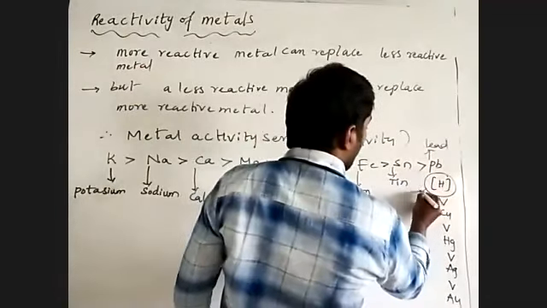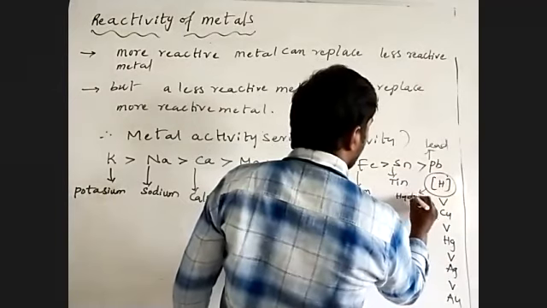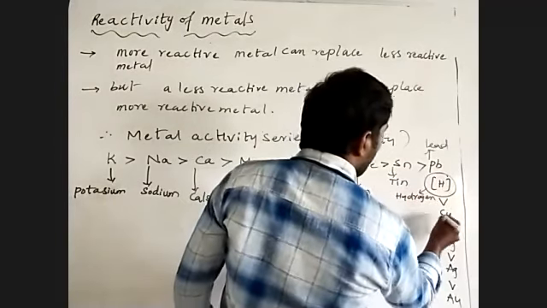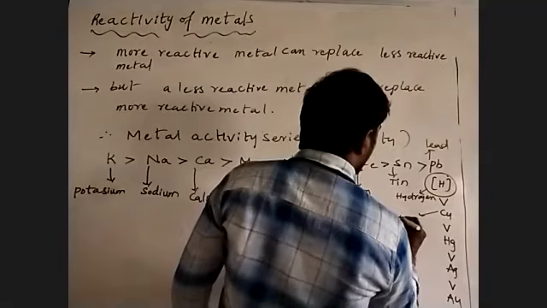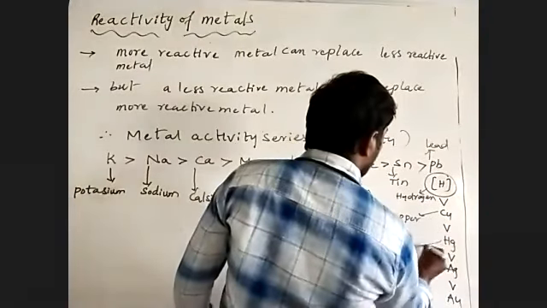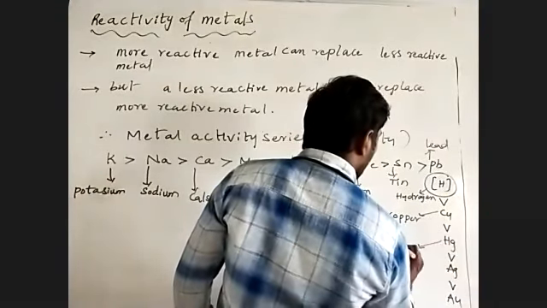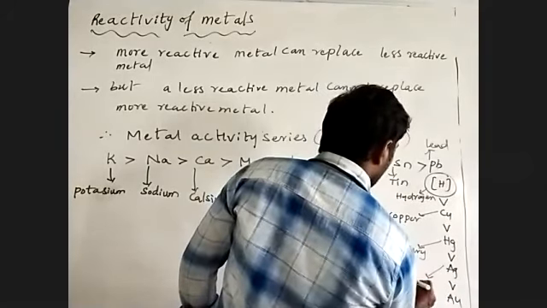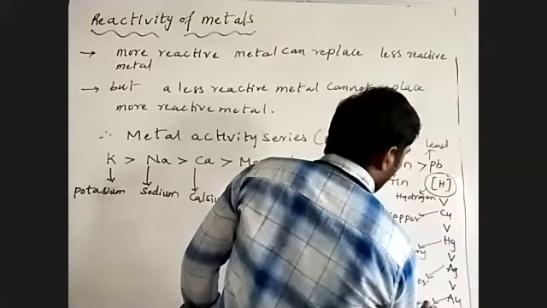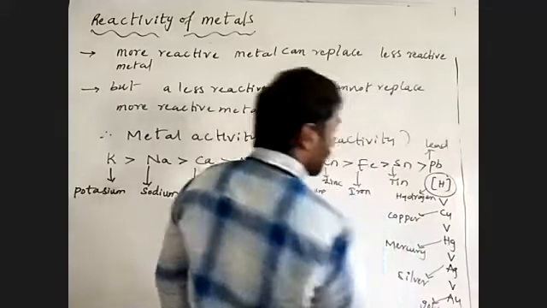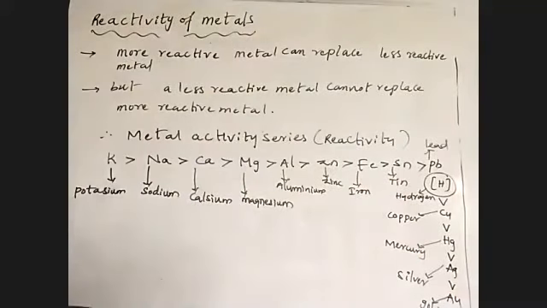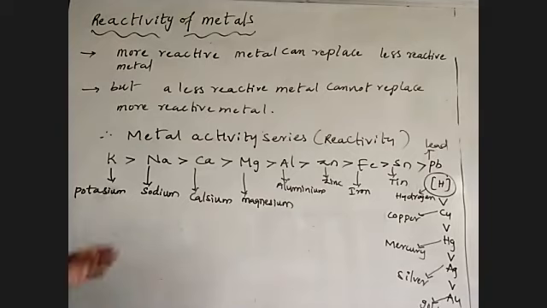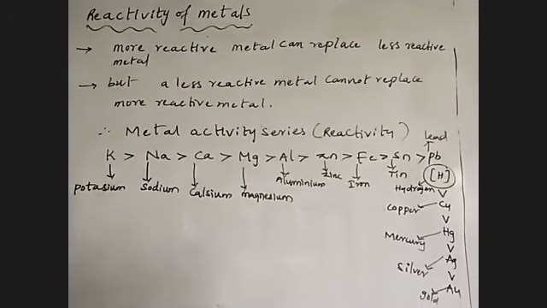Hydrogen, as we already know, then copper, hydrargyrum means mercury, silver, argentum, and aurum, gold. These are the reactivity series of the metals. Okay, note down those.